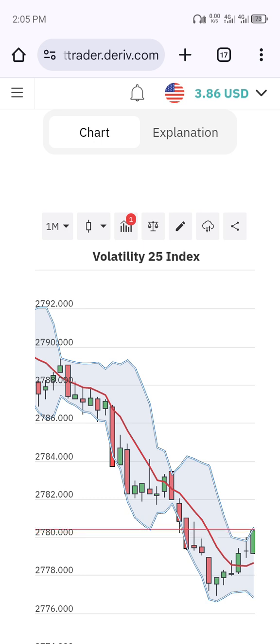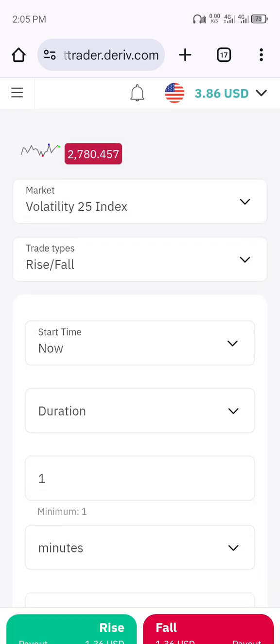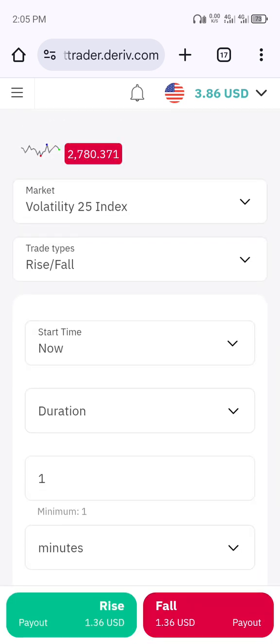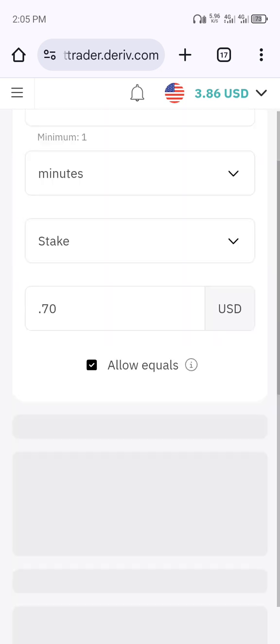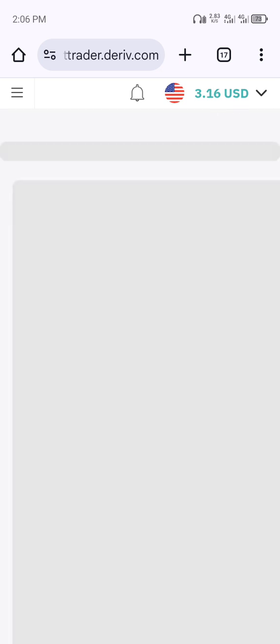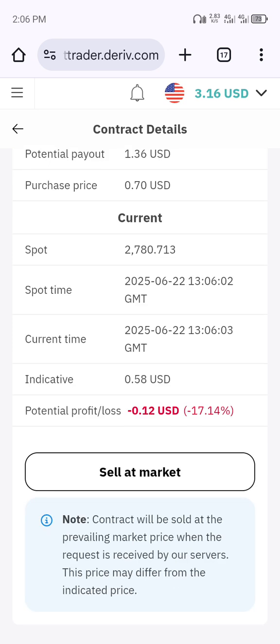I'm checking the way it's going. I also check the mini chart up here to see how it's behaving. All right, I follow a buy signal. And at this 70 cents, our stop loss is 30 cents, while our take profit is 50 cents.